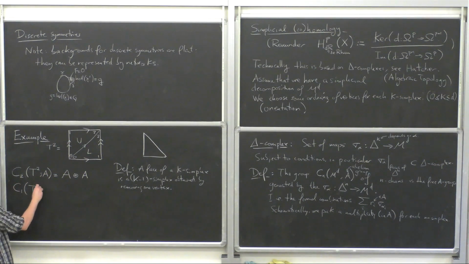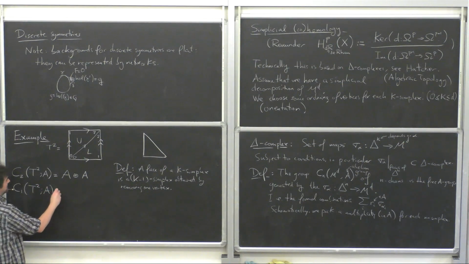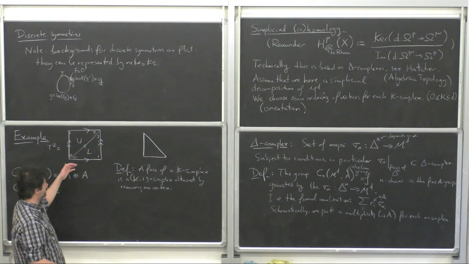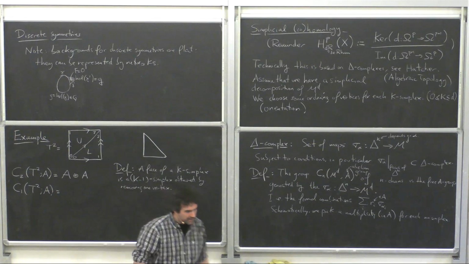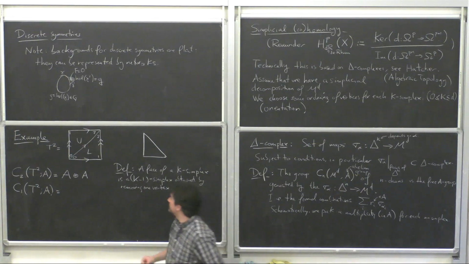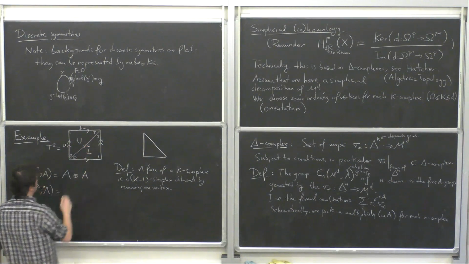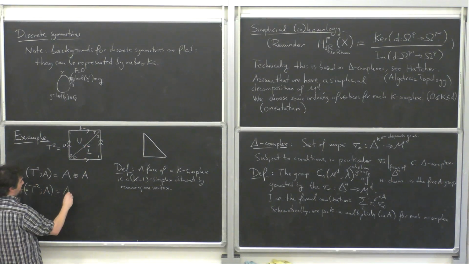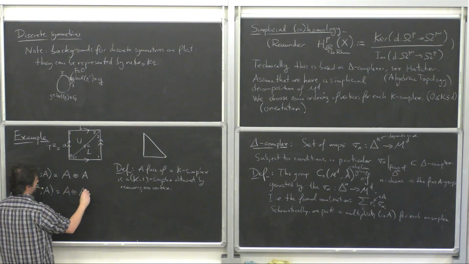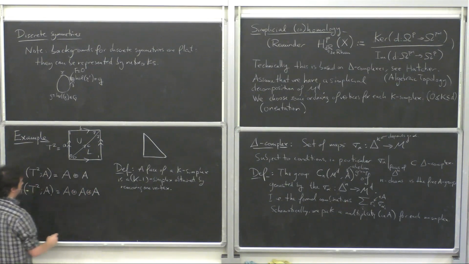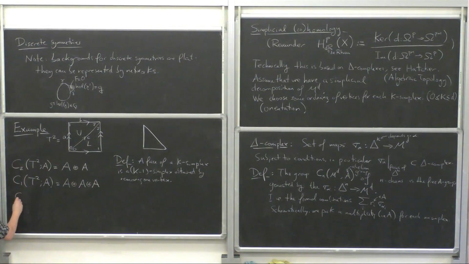C1 of T2 with coefficients in A. Okay. Maybe I can give them a name. I don't need a name for the calculation, but it helps me not to get lost. Call them A, B, and C. And in this case, C1, well, I have three of these, so there's going to be A plus A plus A. And finally, C0.